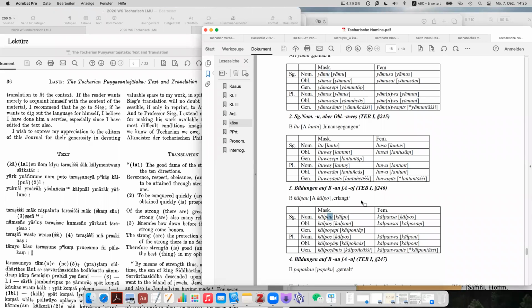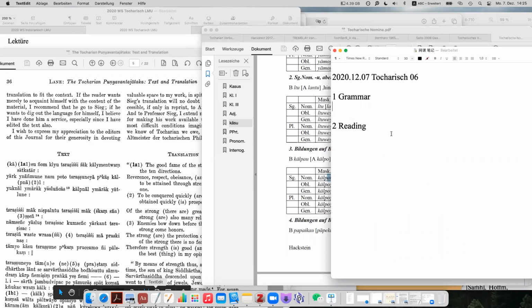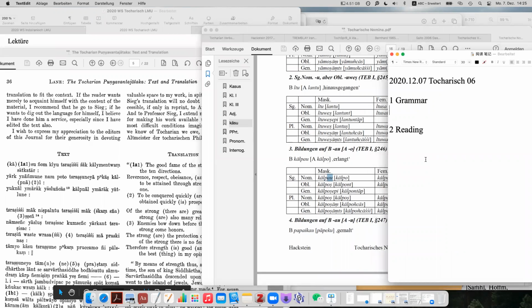So the correspondence, I think probably you recognize some of them. The o in B really corresponds to A, o. And if you have ai in B, then in A you have a. So this is the usual correspondence between these two languages.